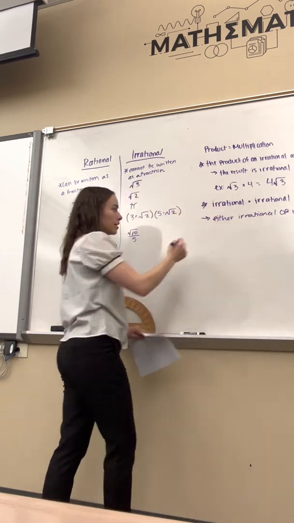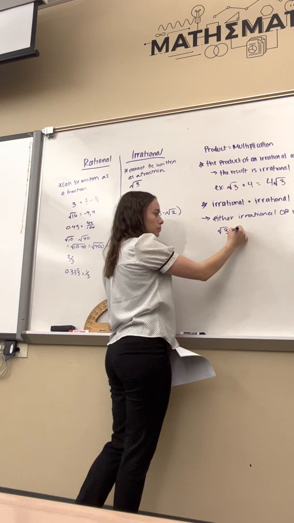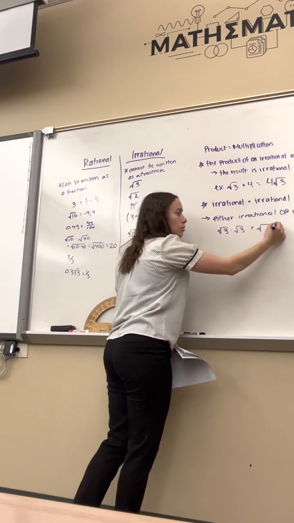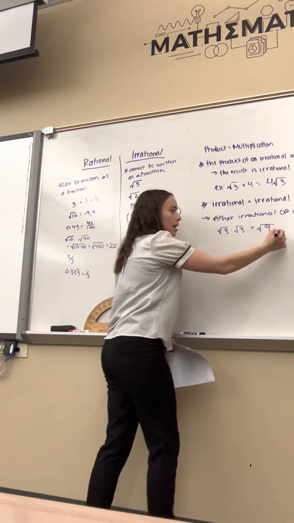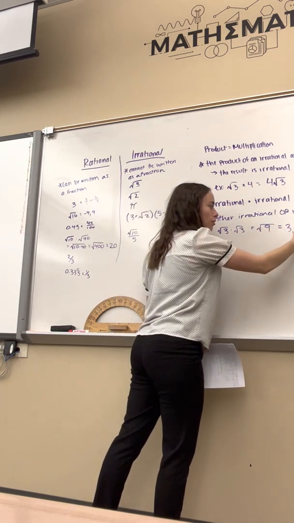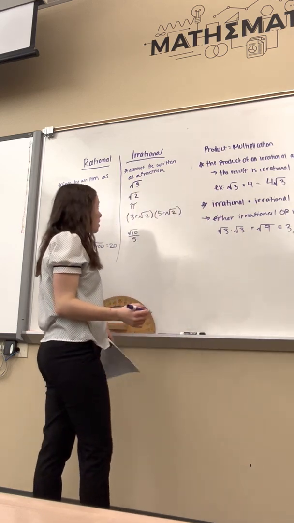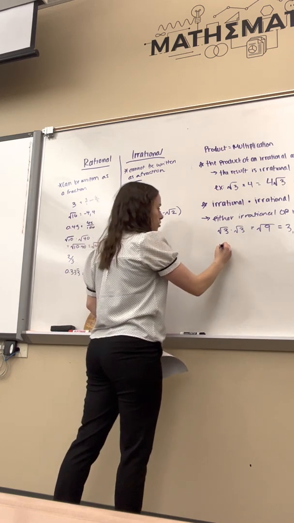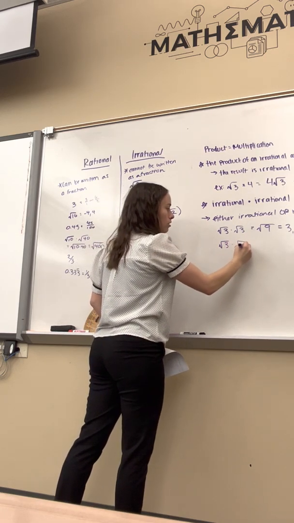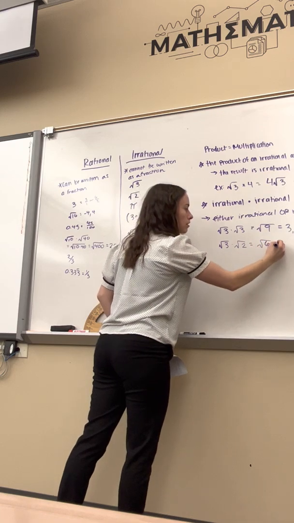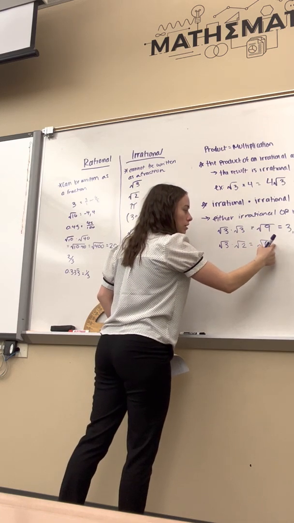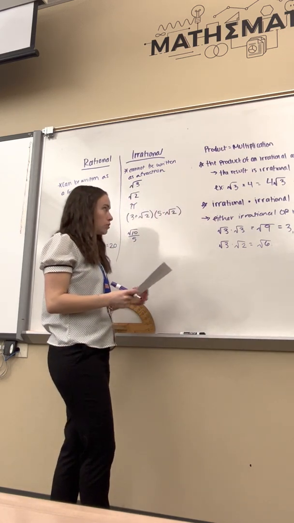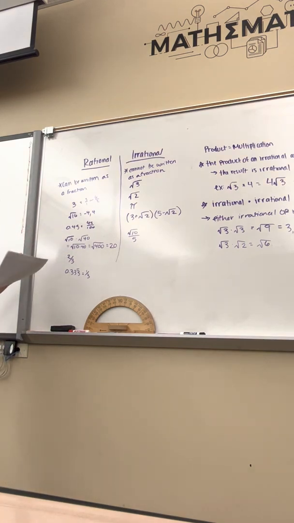Well, if I take the square root of 3 times the square root of 3, both of those are irrational, but this becomes the square root of 3 times 3, which is 9, and that is either 3 or negative 3, which are rational numbers. But if I take a number like root 3 times root 2, we get the square root of 6, which is irrational. We can't simplify the square root of 6. So those are the rules on rational and irrational numbers.